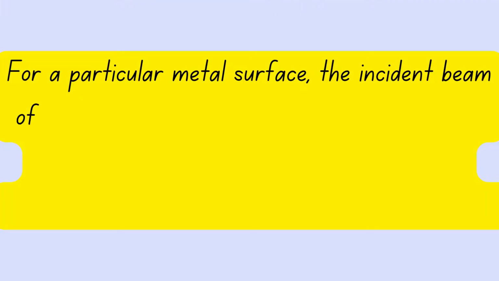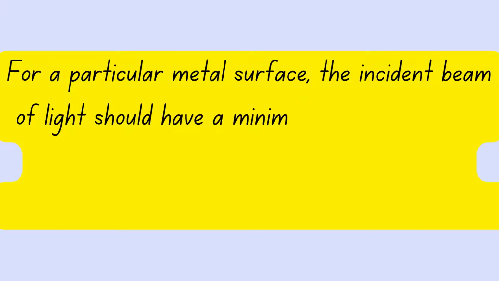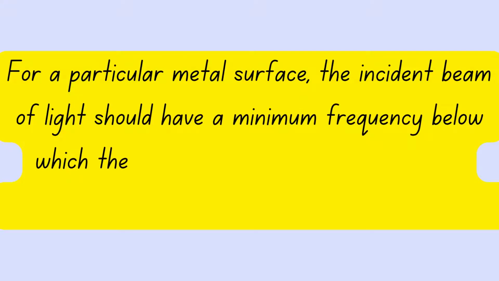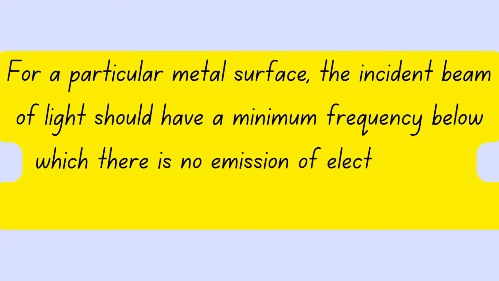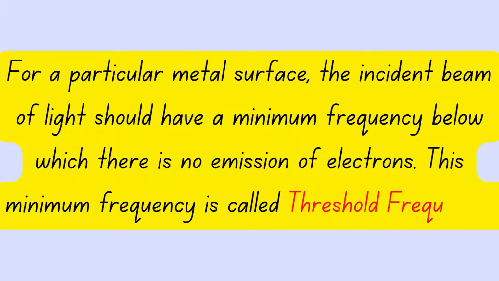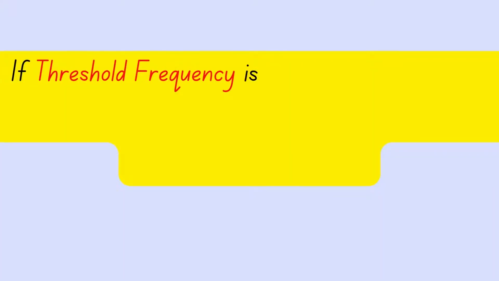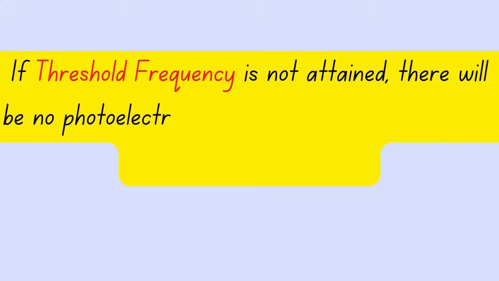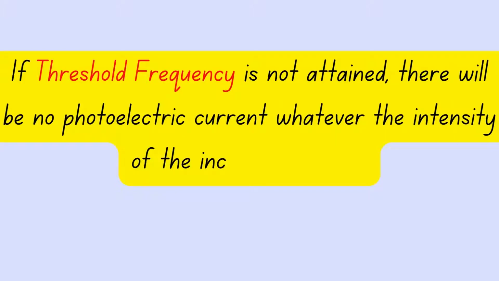Number two: for a particular metal surface, the incident beam of light should have a minimum frequency below which there is no emission of electrons. This minimum frequency is called the threshold frequency. If the threshold frequency is not attained, there will be no photoelectric current, whatever the intensity of the incident beam is.